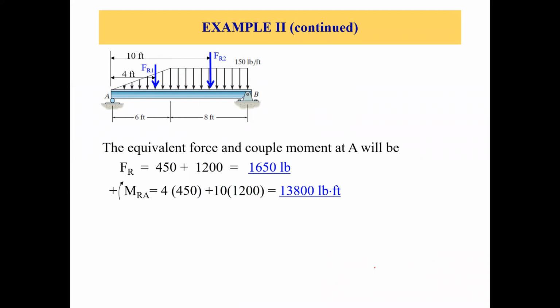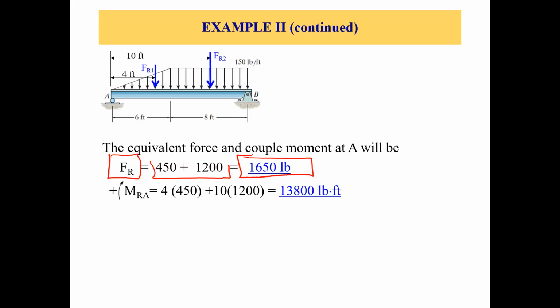Now the equivalent force and moment at A will be, so what is the total force? Total force is FR1 plus FR2, right? So let's call it FR, which will be 450 plus 1200, so it's 1650 pounds. That's your total load or total force. Now let's take the moment of these two forces, FR1 and FR2. We know x1 bar and x2 bar.